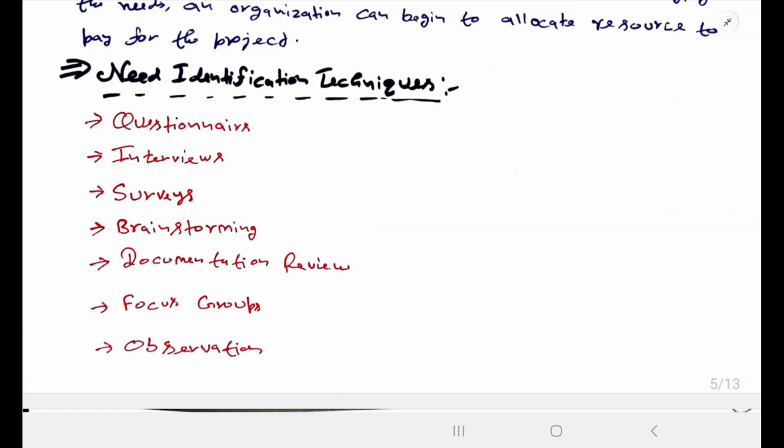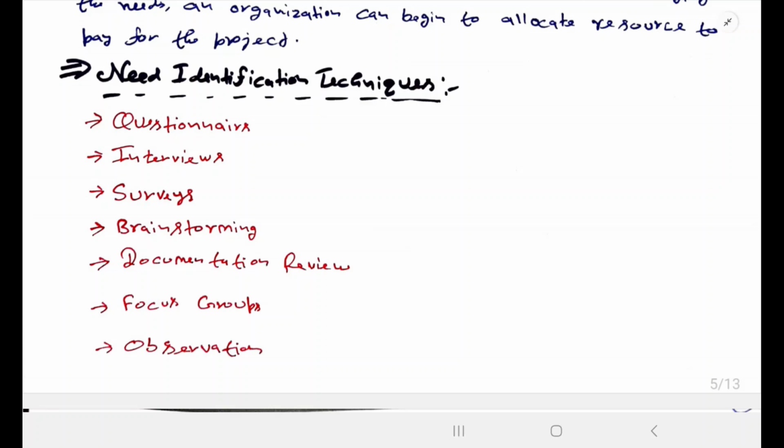He or she can observe all the things related to the project, what we want to do, what is the need related to the customer, what kind of software, what kind of hardware, and how large the team size will be to complete this particular project. So these are some techniques we can use to identify needs to complete a project.